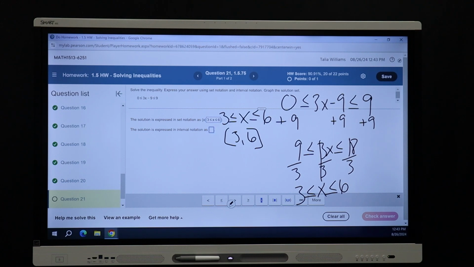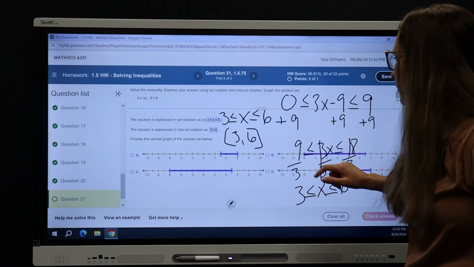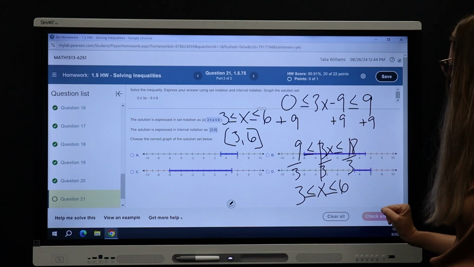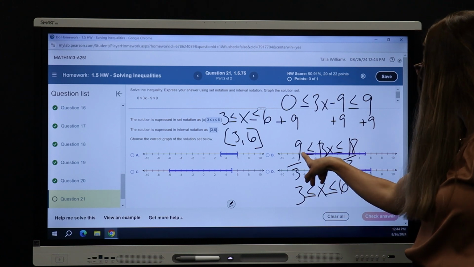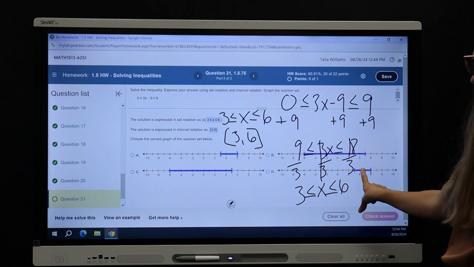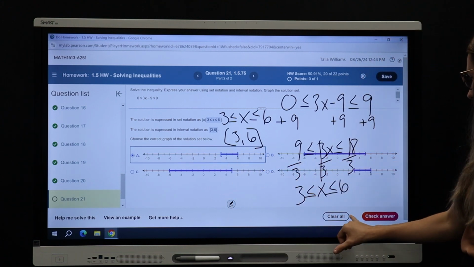Tab, and we're going to have bracket. Okay, now then we're looking for our graph that goes from 3 to 6 with 2 brackets. So that's -6 to +3. This is 3 to 6, but it's parenthesis bracket. This one's bracket, bracket. That's -6 to 3.